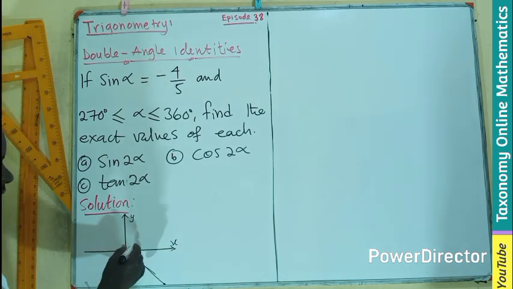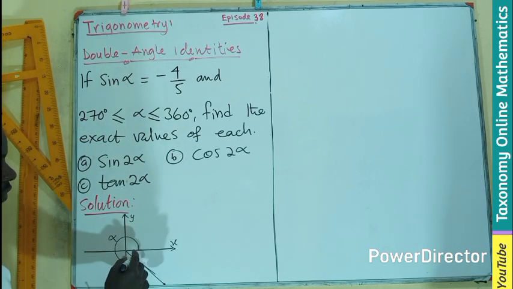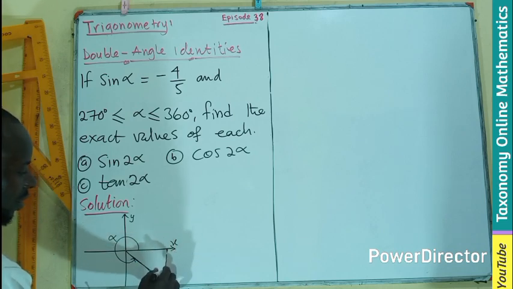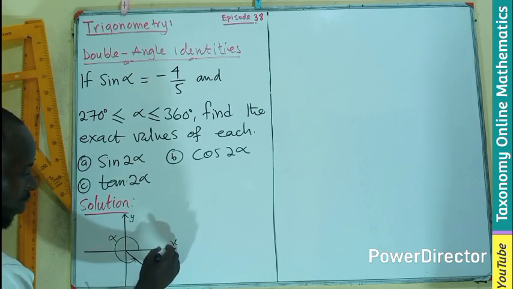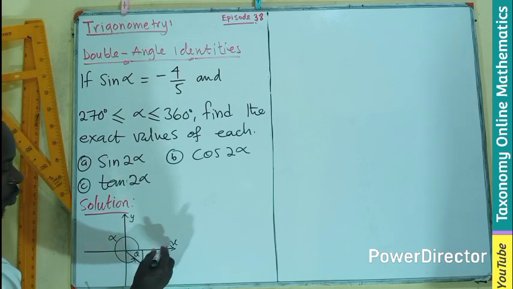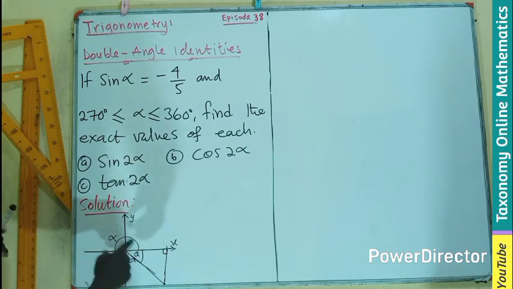The measurement from here all the way to here gives us the angle alpha you're looking for, but we need a reference angle. So if I extend the point to the x-axis and put theta here, I can use this as a right angle triangle to find the sizes.